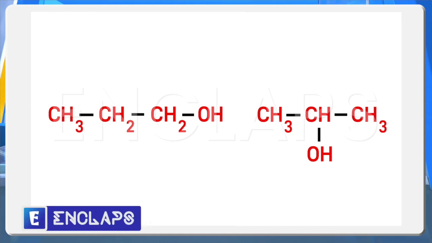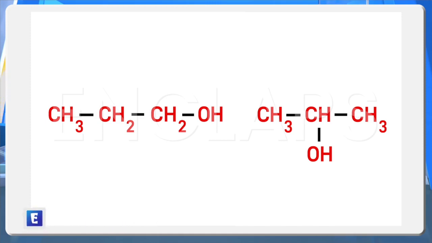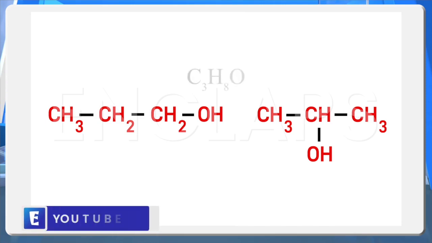Their molecular formulas are the same. What is the molecular formula? C3H8O. But what is the difference between these compounds? Yes, the position of the functional group changed. This type of isomers are called position isomers.